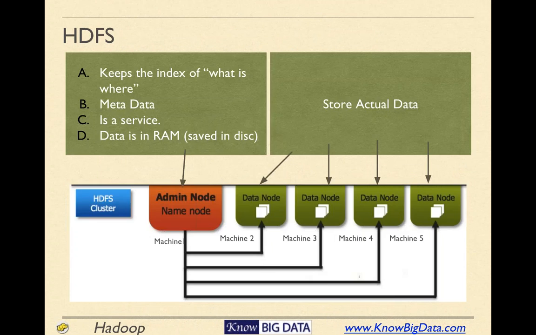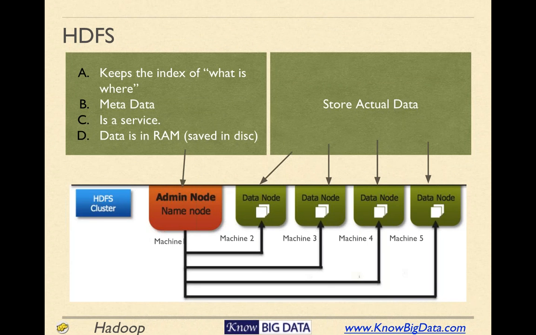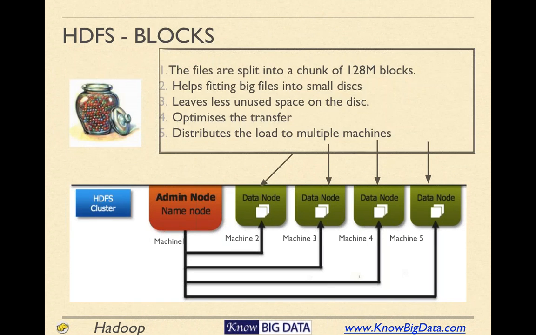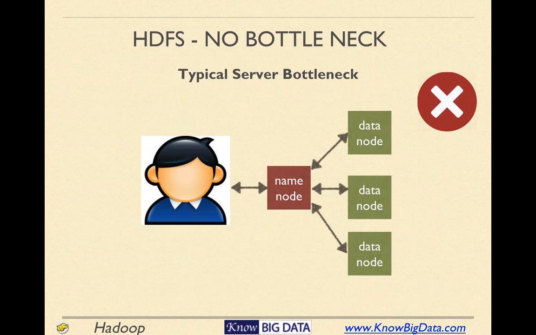This is the traditional way we stored, but there were problems with that. And then we have name node and data nodes. We discussed that files are cut into pieces while storing on each data node, and each piece or block has multiple copies, located on other nodes. Name node is not like this, whereby the user will read everything from the name node.